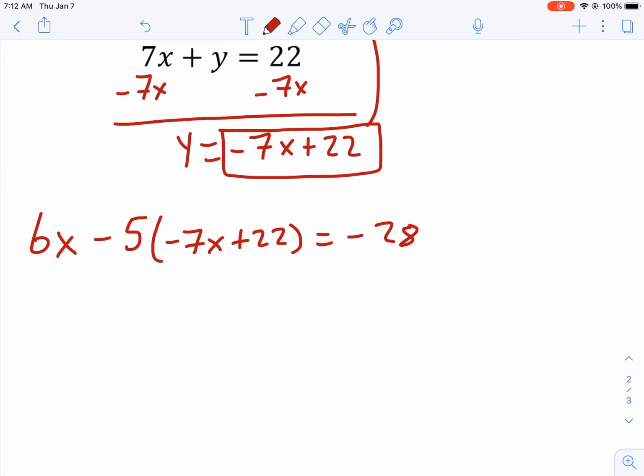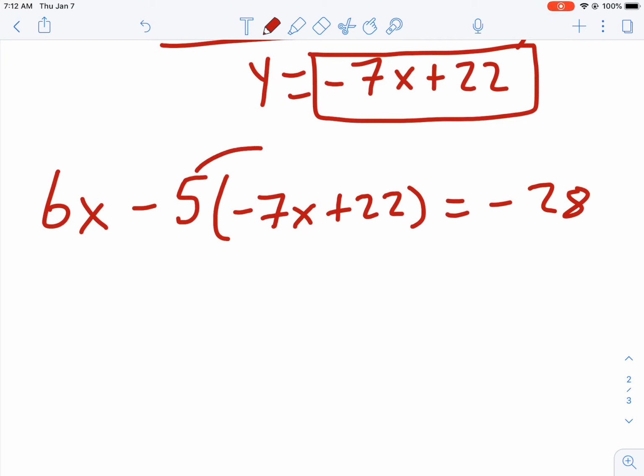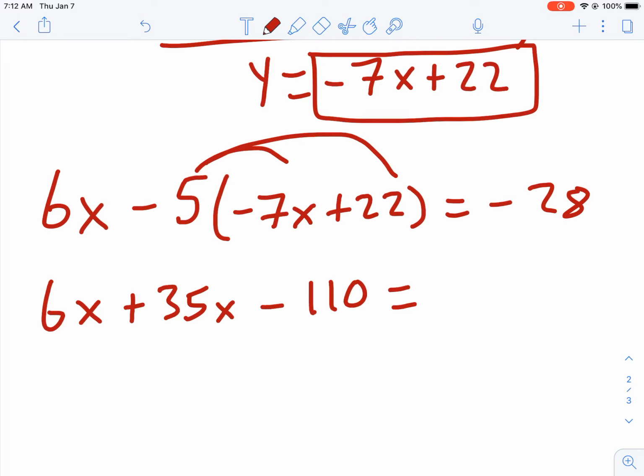So now we have to solve this. Again, remember, most of the time you're going to have that parentheses, so you're going to need to distribute. So we've got negative 5 times negative 7. That's 35, so it'll be 35x. Negative 5 times 22, I think that's 110, but you can use your calculator.